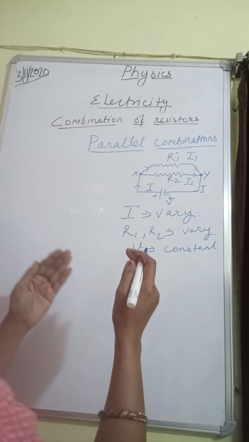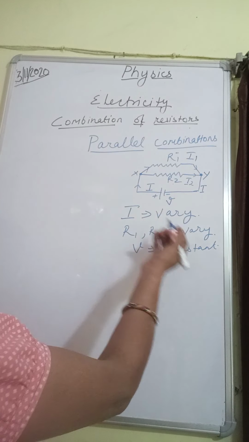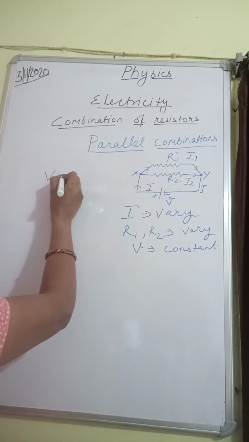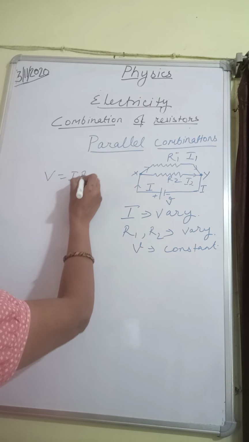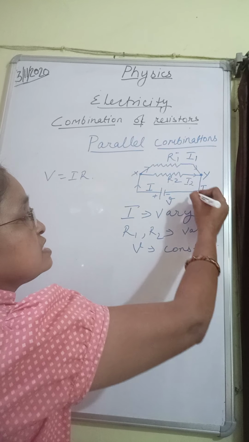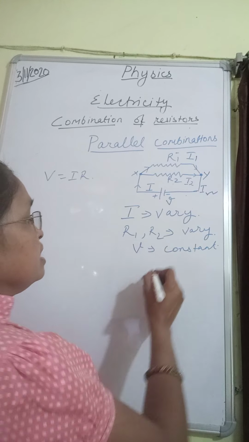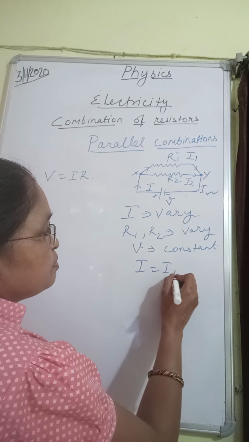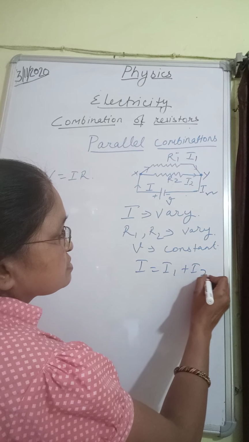Now again, let us apply Ohm's law. We know Ohm's law is V is equal to IR. Here I is the circuit current, and we can write I is equal to I1 plus I2.